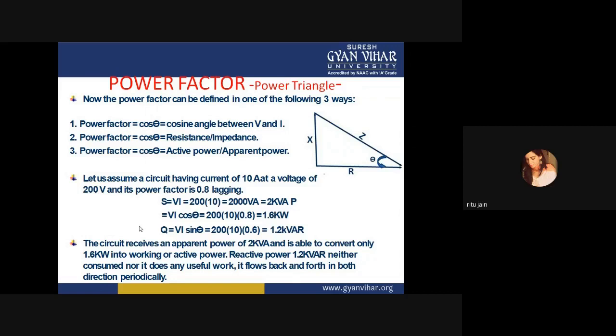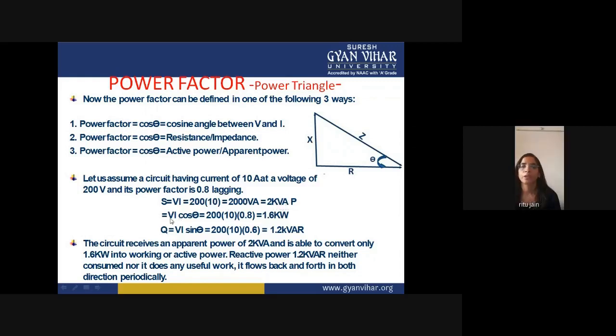By the formula of apparent power, S is equal to VI, you can easily calculate your apparent power, which is equal to 200 multiplied by 10, which is equal to 2000 volt amperes, which is 2 kilovolt amperes.